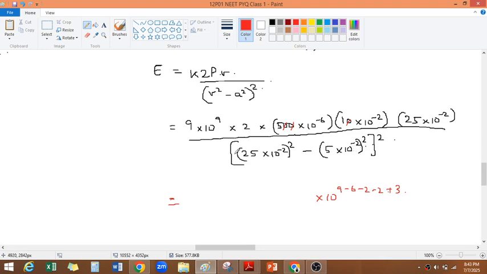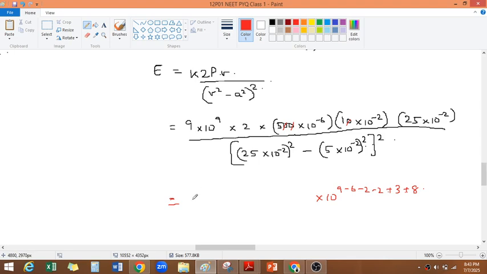If we take 10 power minus 4 common, then 10 power minus 4 the whole square, so it will be 10 power minus 8. Minus 8 coming to the top, it will become plus 8. Okay, so this is how you have to deal with the 10 powers.